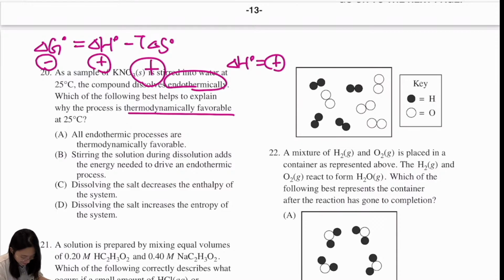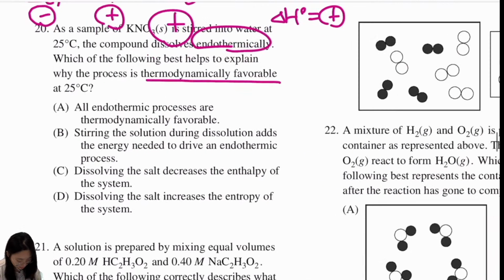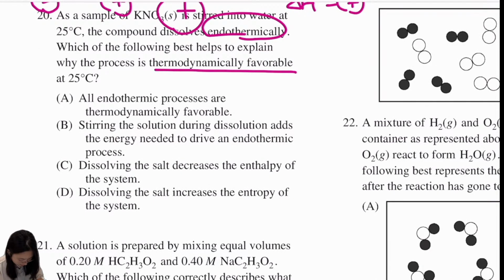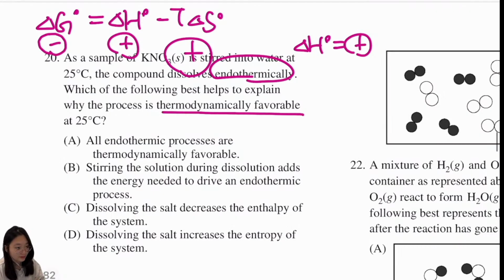And it's because delta S is a positive value, since when ionic compounds dissolve in solution, the ionic bonds are broken, and the cations and anions are free to move. So the entropy increases. So this is actually an entropy-driven spontaneous reaction.